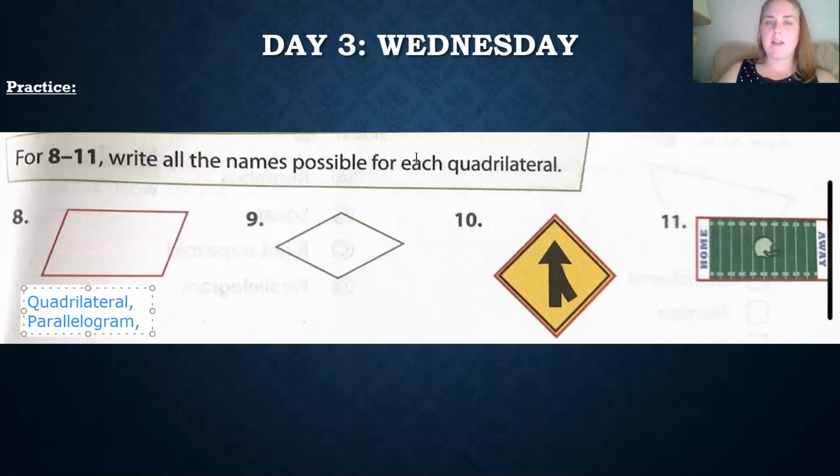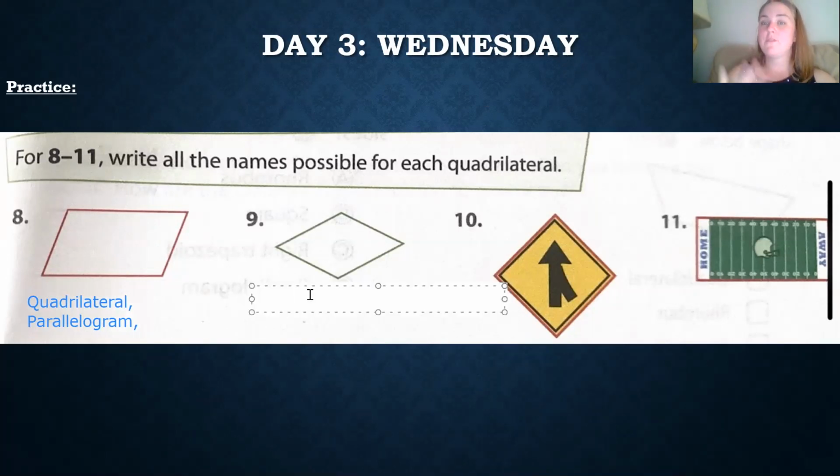Let's look at number 9. We're going to start. How many sides does it have? 4 sides. So we know it's a quadrilateral. It has opposite parallel sides, so it is a parallelogram.